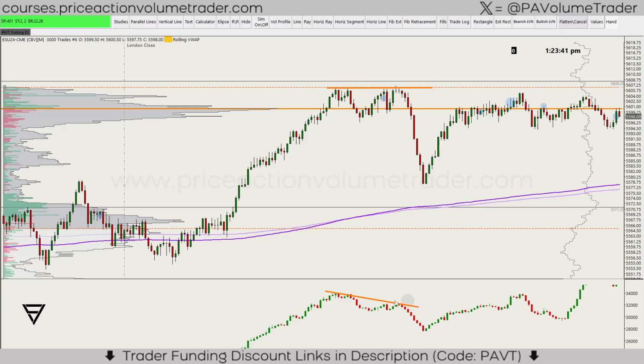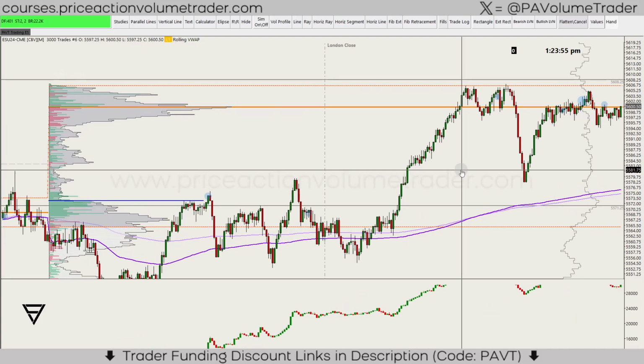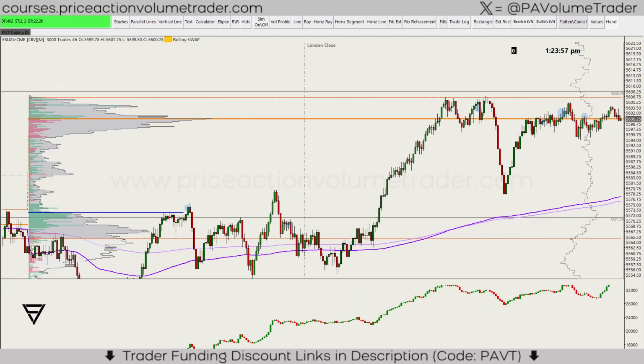Okay, so that is a big bearish signal as well. And then, you know, you have this trend line also, which you could have played off the break of this trend line, etc.